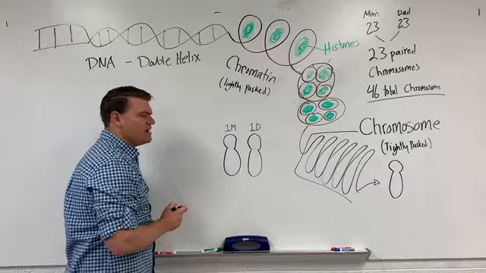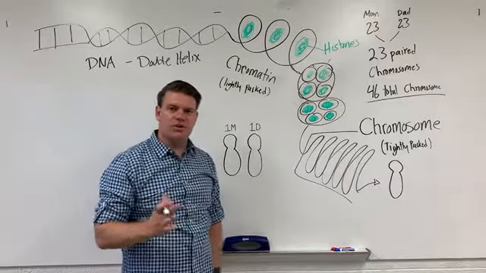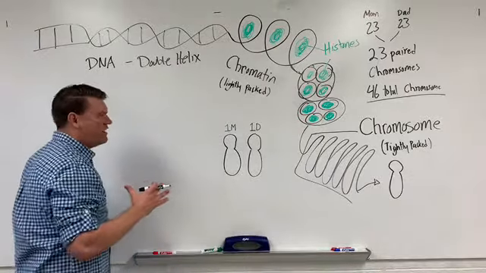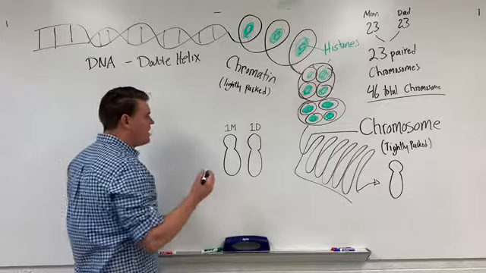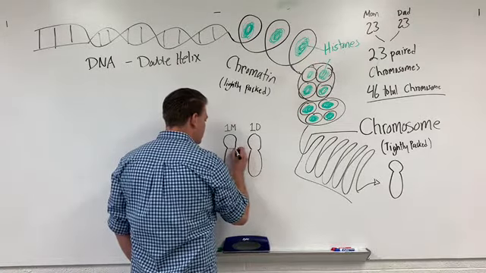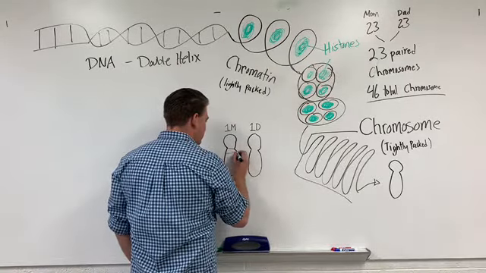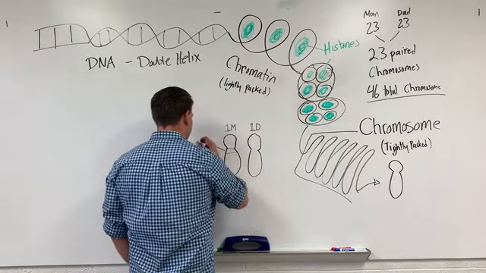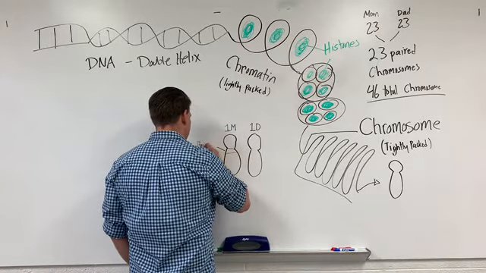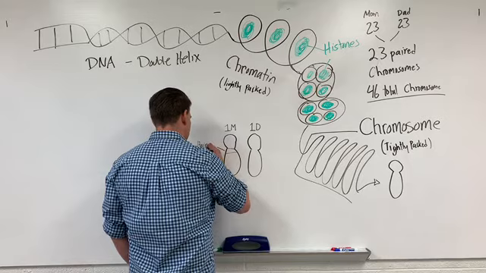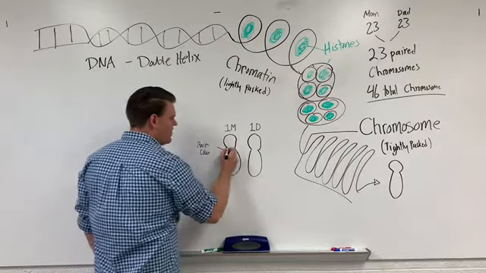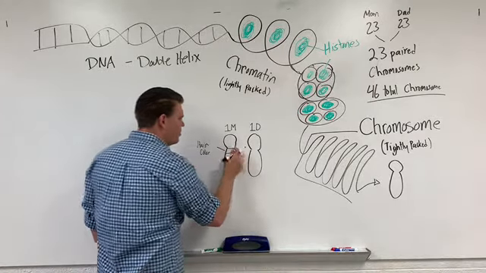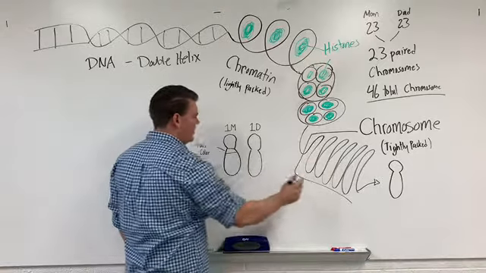So in other words, let's say on chromosome 1, now this isn't for sure, I don't know off the top of my head if this is where you found this, but let's say on chromosome number 1, you have the gene for hair color. And that gene is found right here on the chromosome or within this part of your DNA.